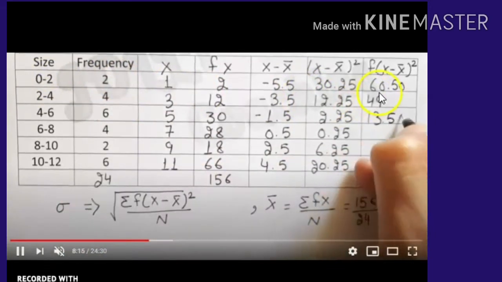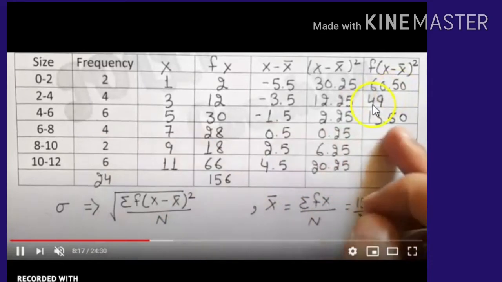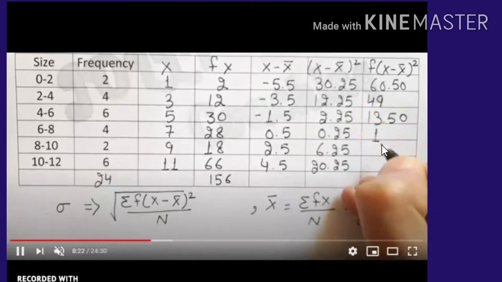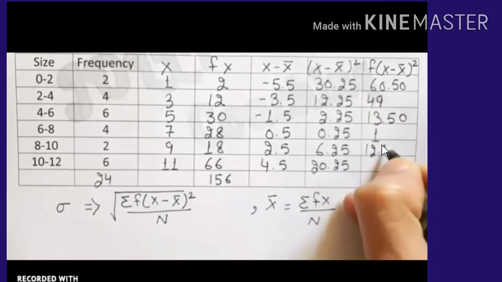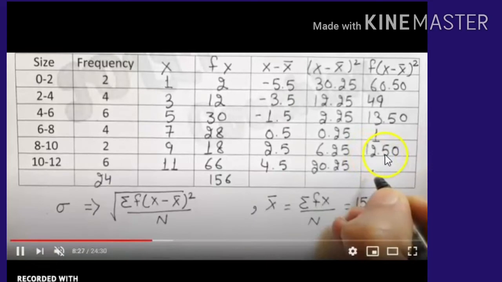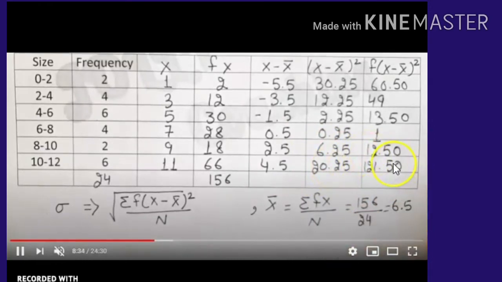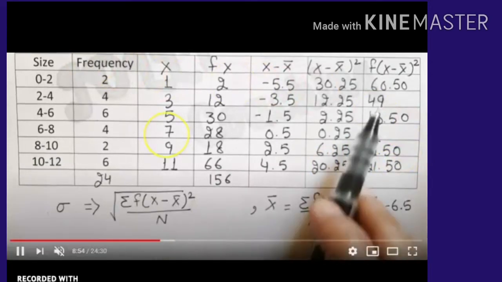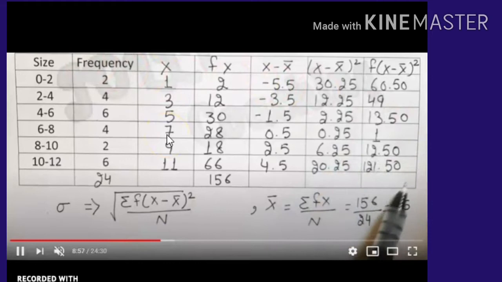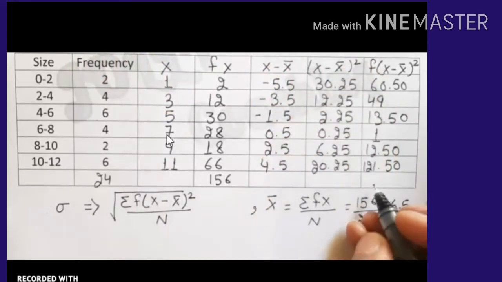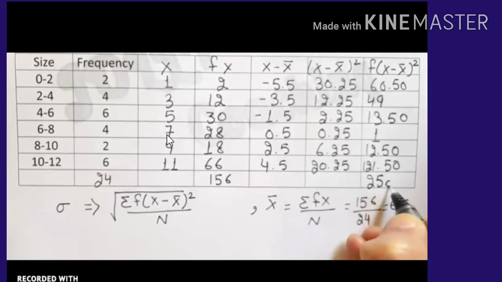You will be getting the first answer as 60.50, then 49, then 13.50, then 1 itself, then 12.50, then 121.50. Then you have to find the total of this column. You will be getting the total as 258.